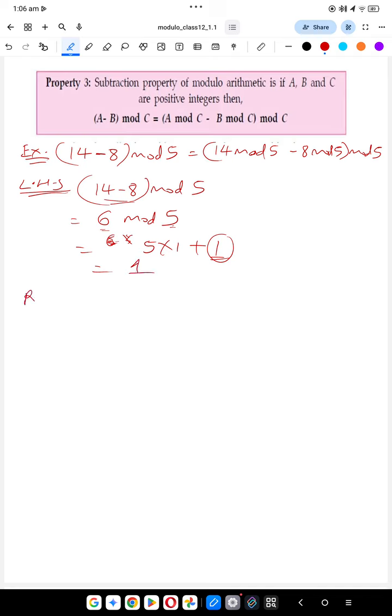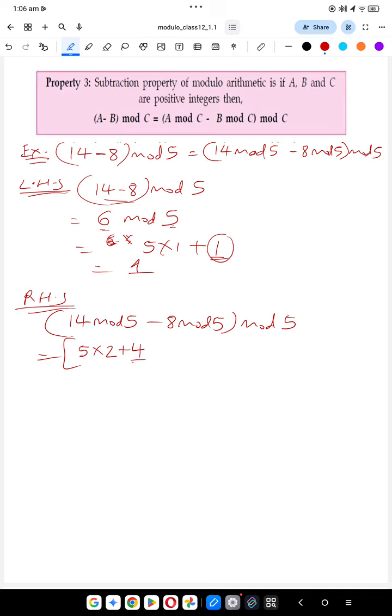And now let's solve for the RHS. Even on the RHS we have to get 1, only then our solution is correct. So (14 modulo 5 - 8 modulo 5), the whole modulo 5. 14 modulo 5 is how much? 5 into 2 plus 4, so I have got remainder 4.